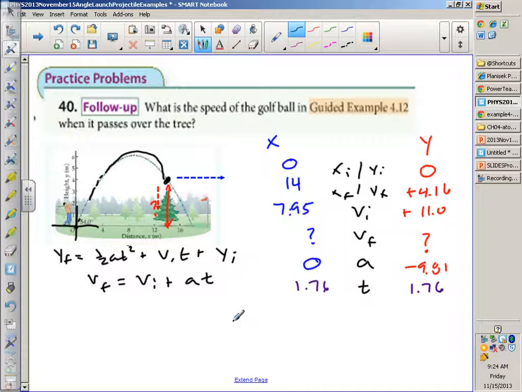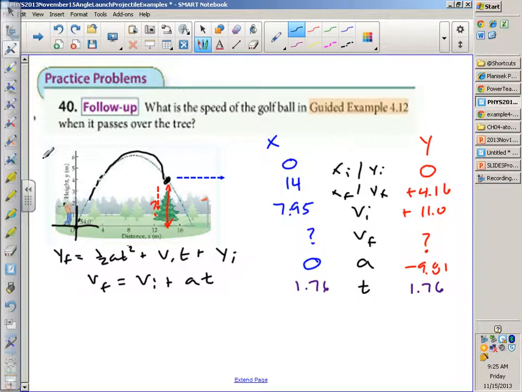Now, before we start plugging numbers in, we can actually figure out one of these before, based on something that we talked about yesterday when you were doing your problems. What's the acceleration on the x-axis? If the acceleration is 0, that means what? Velocity is constant, right?